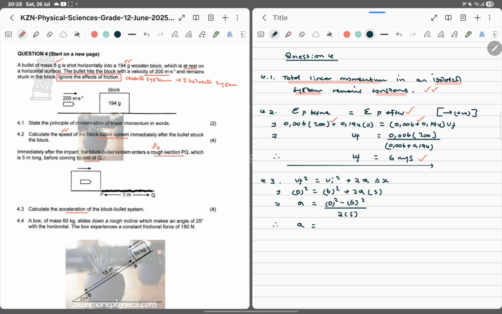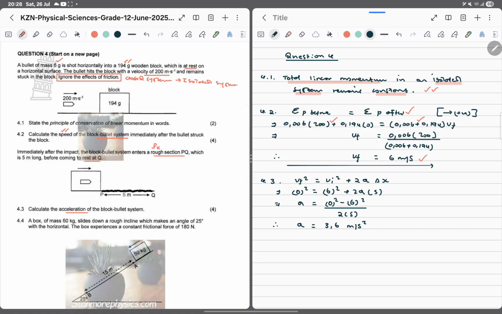Therefore, a is literally 6 squared divided by 10. So this is 3,6 meters per second squared. Remember, this would have come out negative.